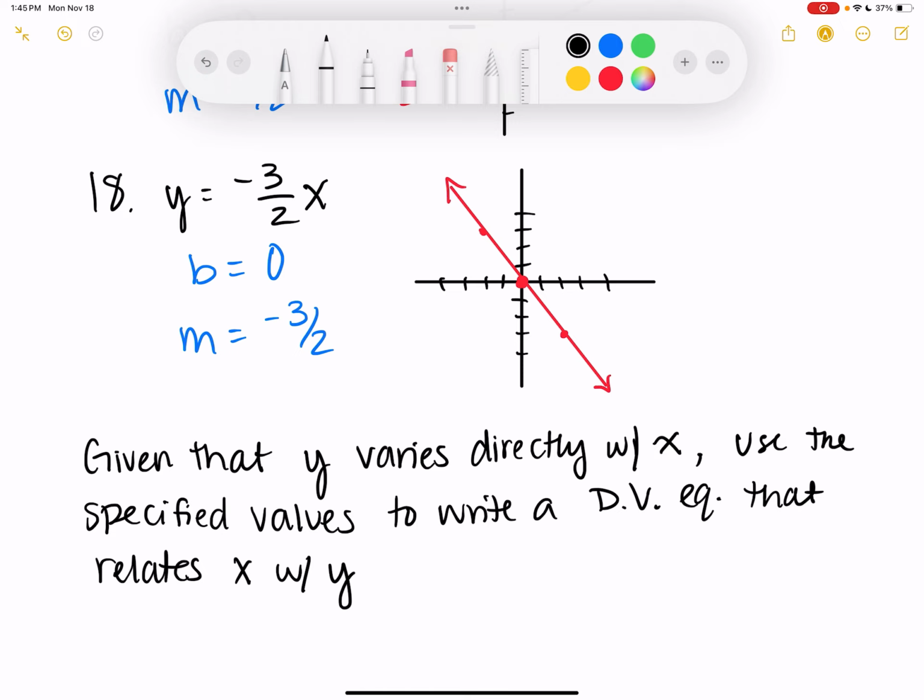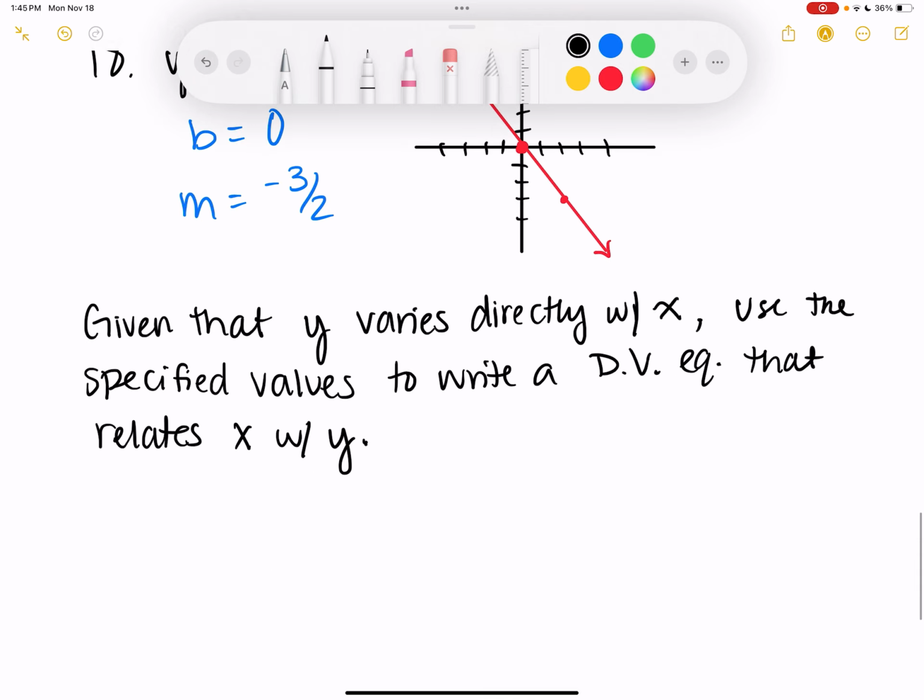Now, I don't normally write out all the instructions, but people tend to get confused with these ones, even my Algebra 2 students, because they don't pay attention to the instructions, okay? So that's why I'm writing these all out.